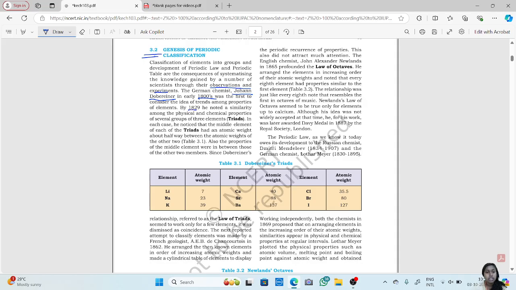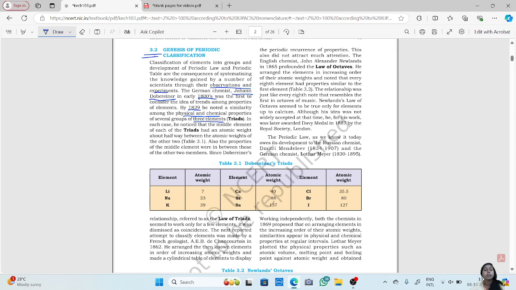Now, in 1829, Döbereiner noted a similarity in the physical and chemical properties of some groups of 3 elements.